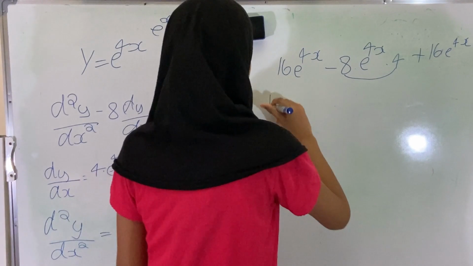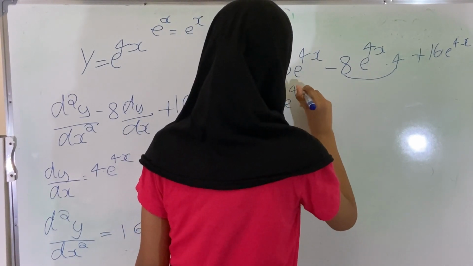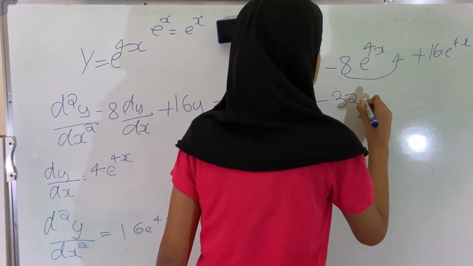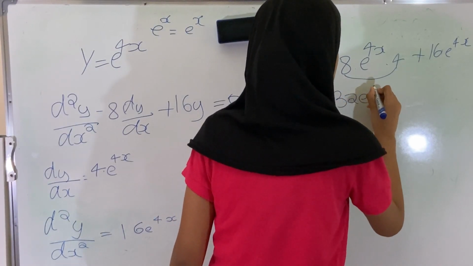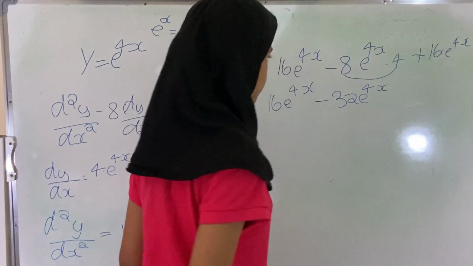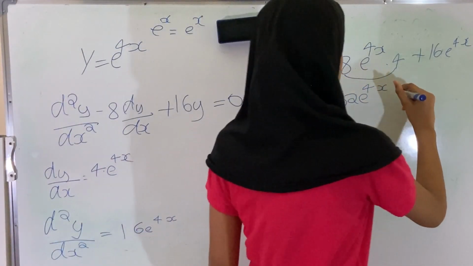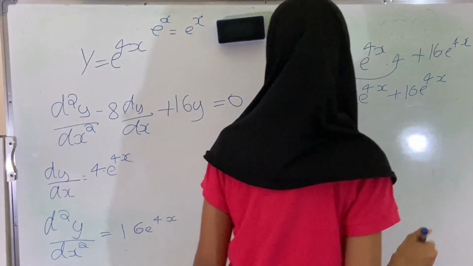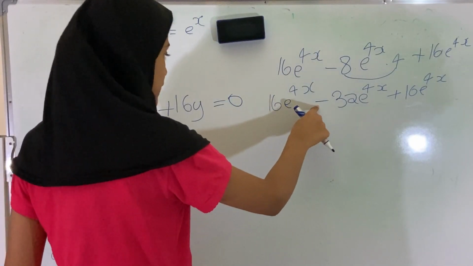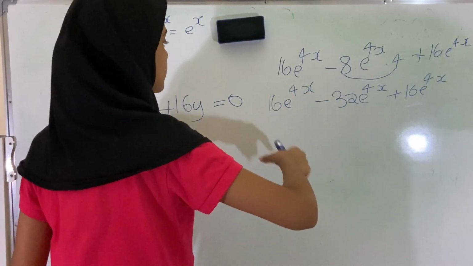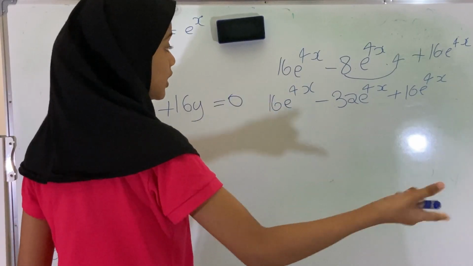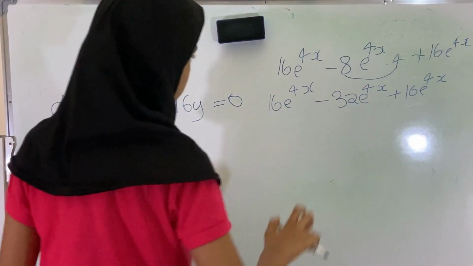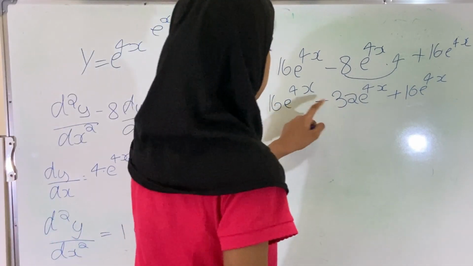Now let's multiply 8 into 4. So we get 16 e raised to 4x minus, 8 into 4 is 32, so 32 e raised to 4x, plus 16 e raised to 4x. Because they are both e raised to 4x, it's possible to subtract them.